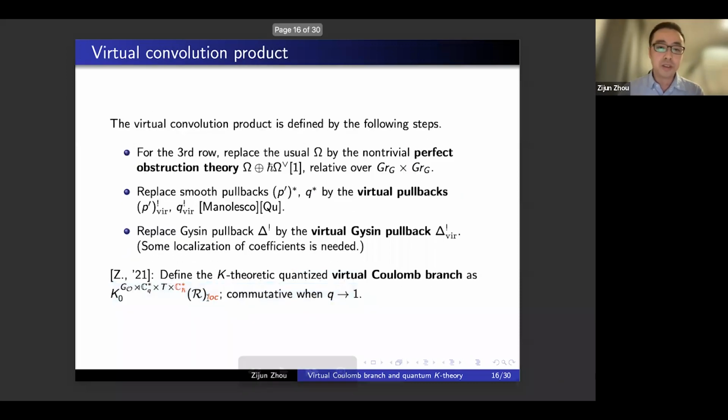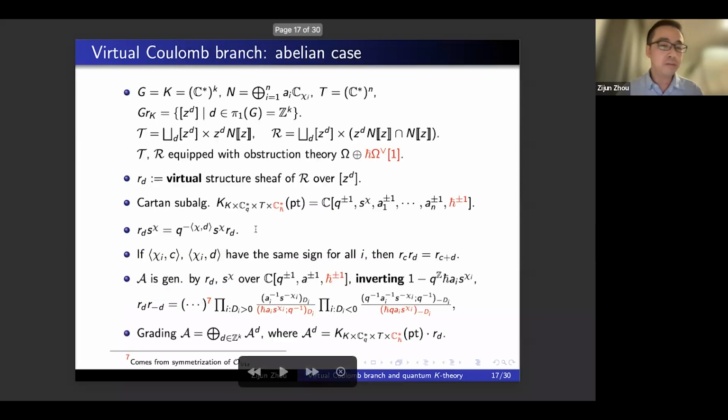So this is the geometric construction. As in BFN's usual Coulomb branch, we have an explicit presentation of this virtual Coulomb branch.